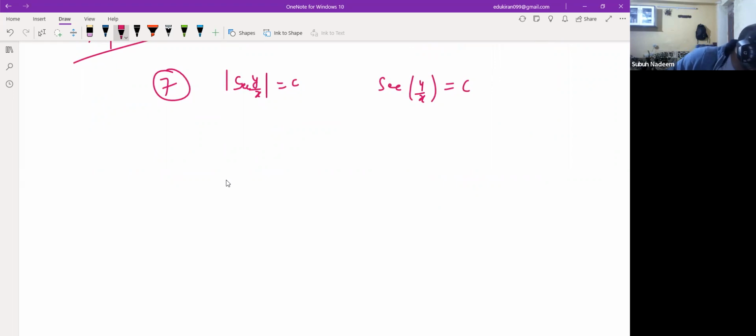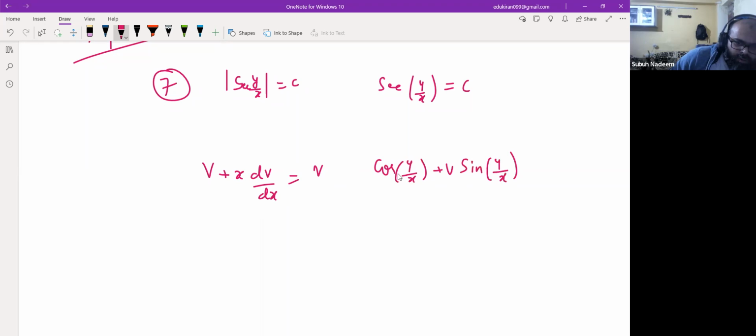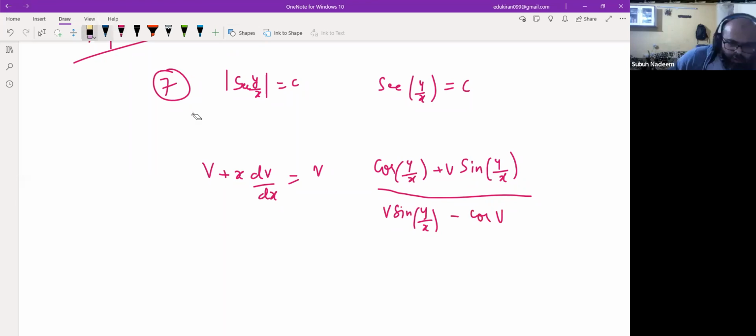So dy by dx, v plus x dv by dx, is equal to (y by x, which is v) cos (y by x) plus v sin (y by x), upon v sin (y by x) minus cos v. These are also v.